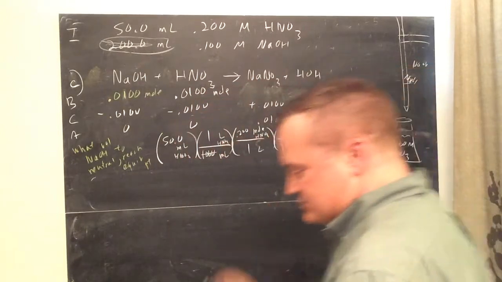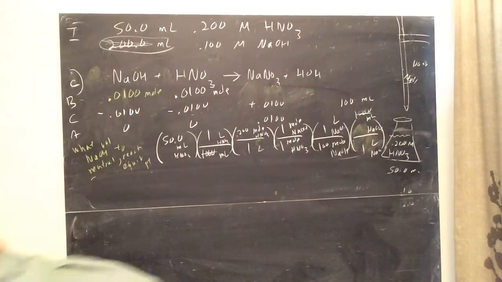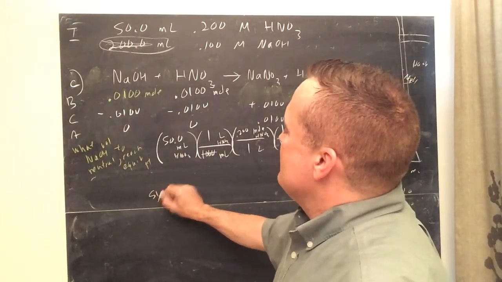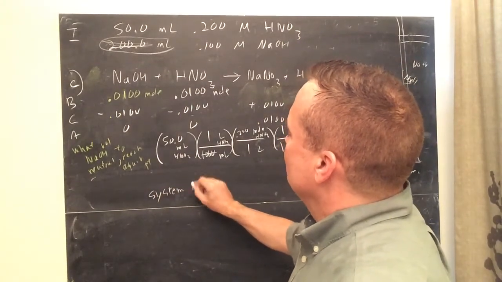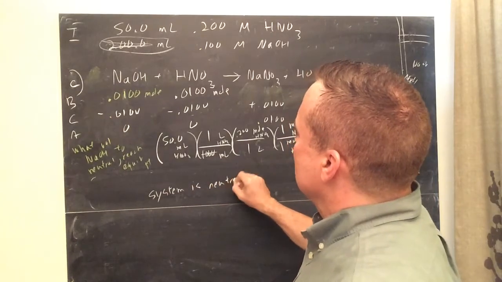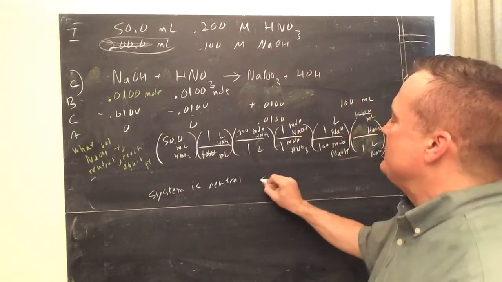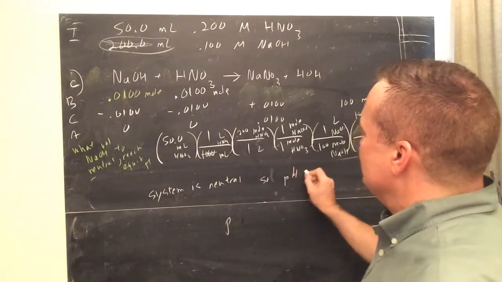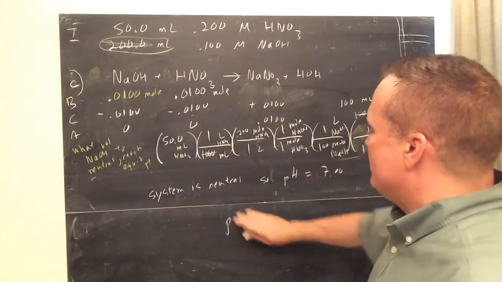So the pH, the system is neutral. Strong acid, strong base. So pH equals 7. You could just say that, 7.00.